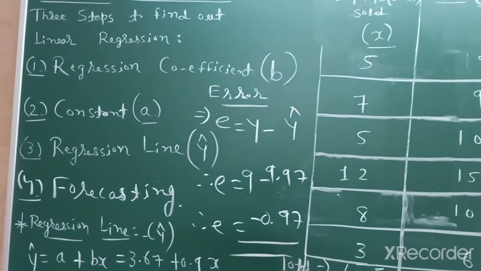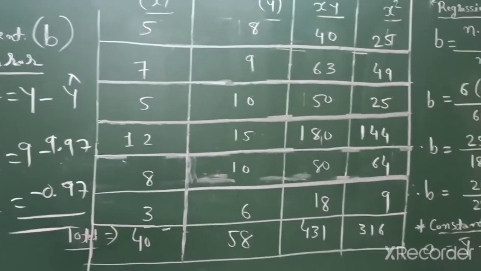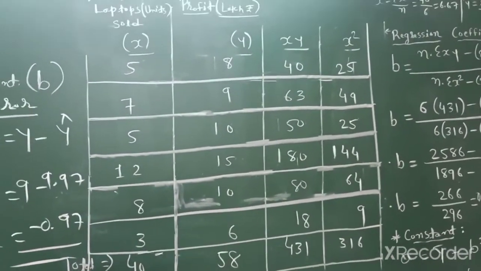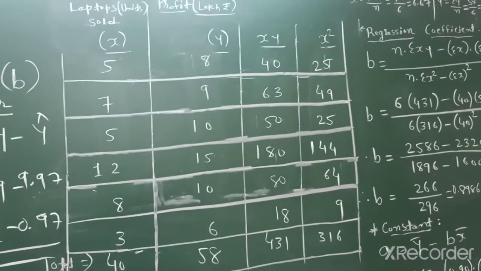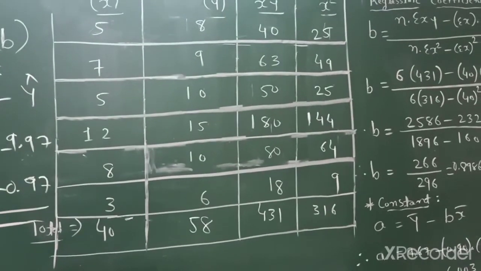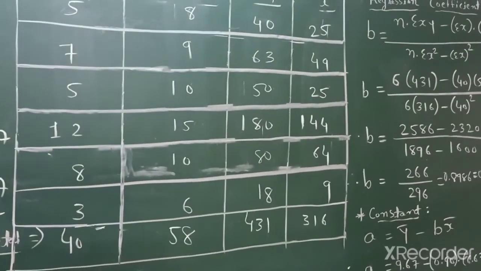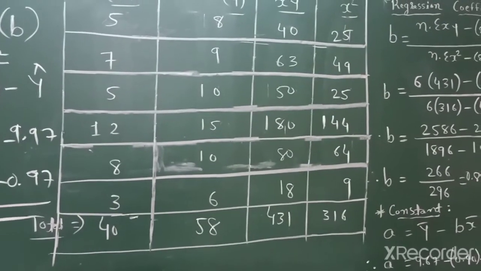And here a new error is also there in this particular sum. Here is the question before you, students. 2 columns, number of laptops sold, that is X, and profit, that is Y. Here are all the observations: 5, 8, 7, 9, 5, 10, 12, 15, 8, 10, 3, 6.